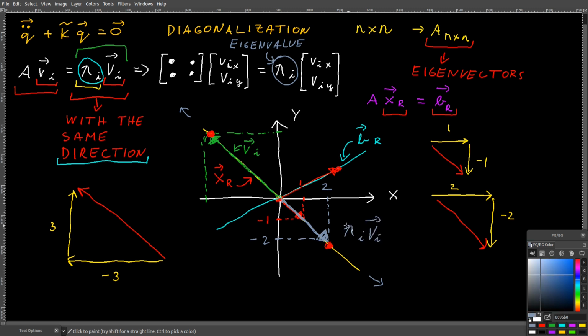So this would be then this vector, and then the eigenvalue determines where exactly the position of the vector's tip is on the straight line. If lambda equals 1, then of course that point will also be here. If it's something else, then that point will end up being somewhere else, but it will still end up being on this straight line.